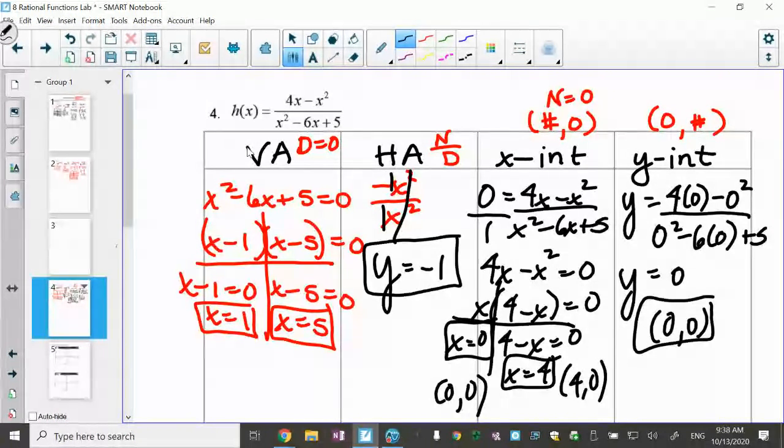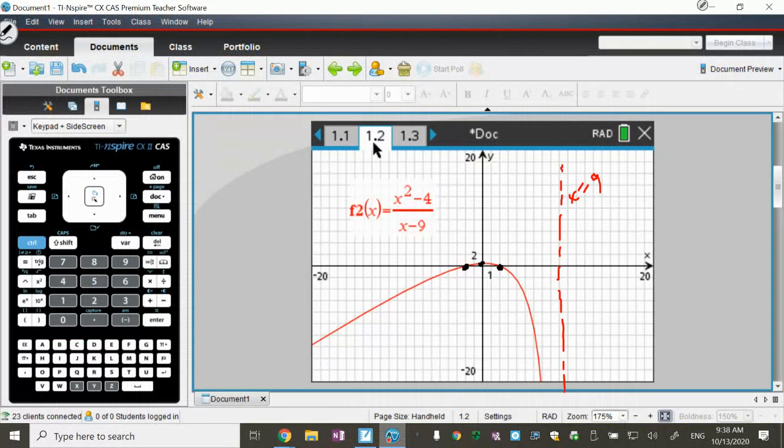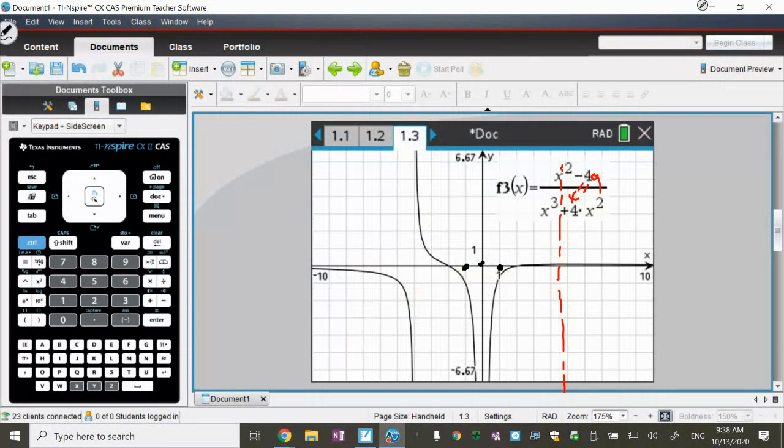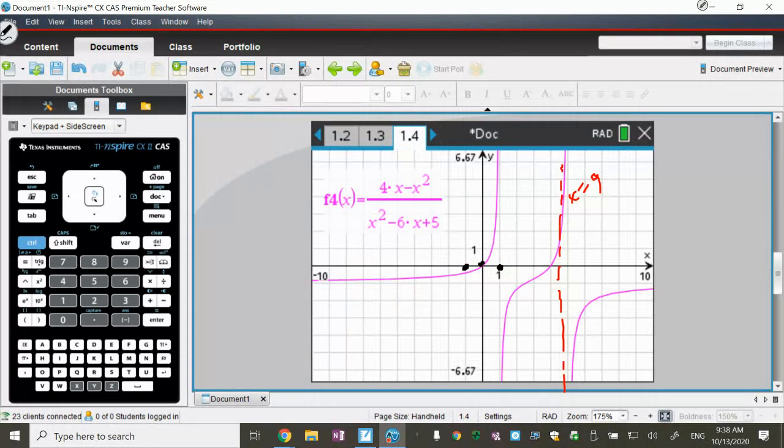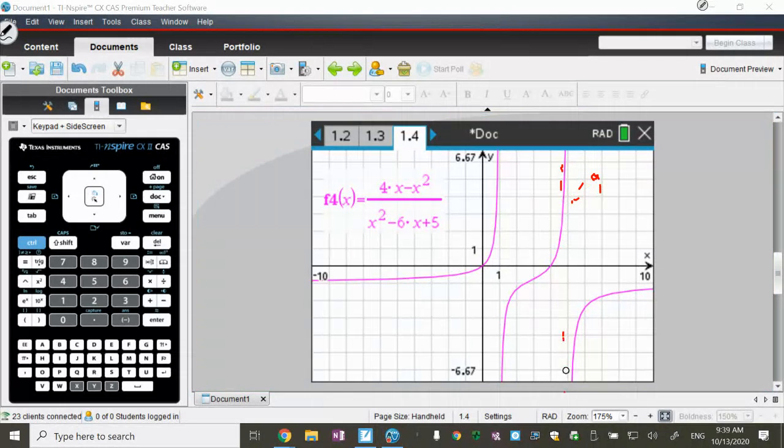I graphed it. So when I look at my graph, this is what it looks like. When I look at this one right here, I see, all right, what are the asymptotes on this one? I didn't erase from the last one. This one says it crosses at x equals 1 and x equals 5. See how it kind of boxes it in?